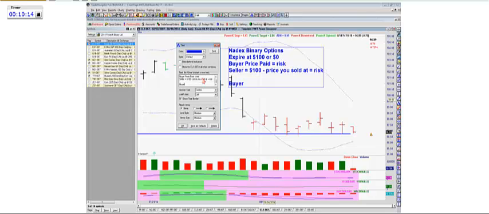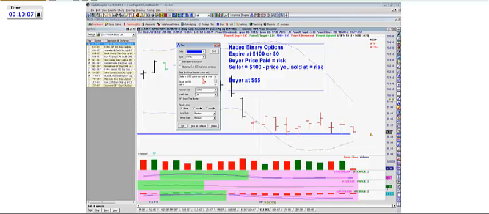So if you're a buyer at $55, your risk is 55, your reward is 45, because the total payout is always going to be $100. You could buy a binary at $10, where your risk's $10 and your reward's 90. You could buy a binary at 30, where you pay 30, risk 30, and your reward's 70.